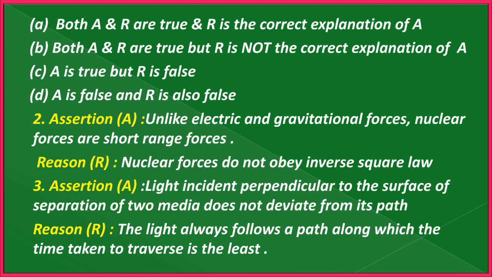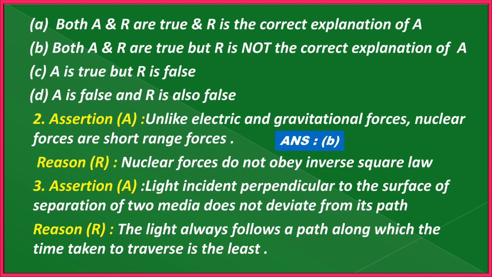Assertion is: unlike electric and gravitational forces, nuclear forces are short range forces, and the reason is nuclear forces do not obey inverse square law. Now you select the correct answer is B. Both assertion and reason are true, but reason is not the correct explanation of A.